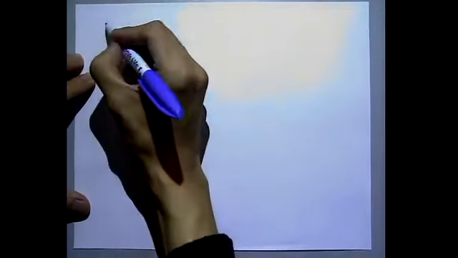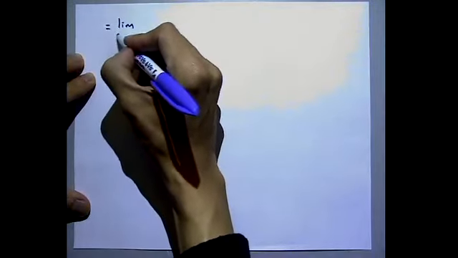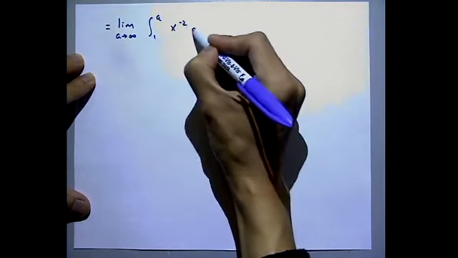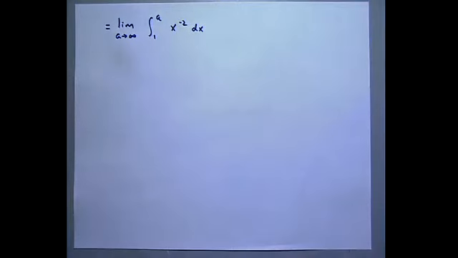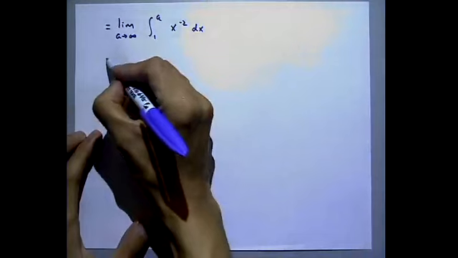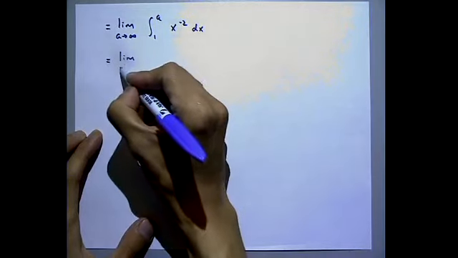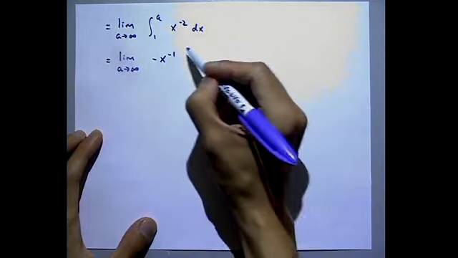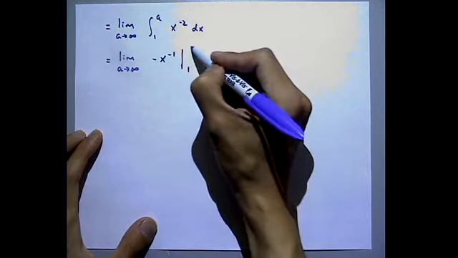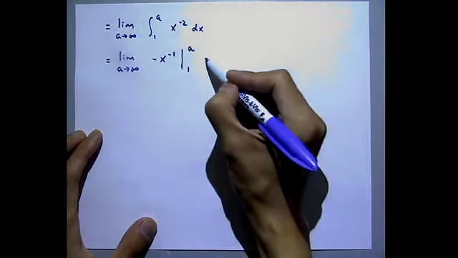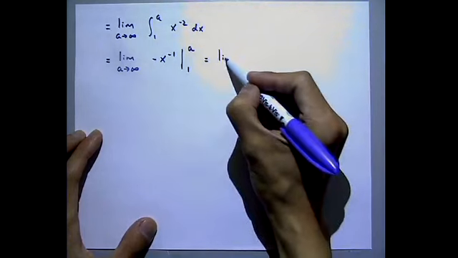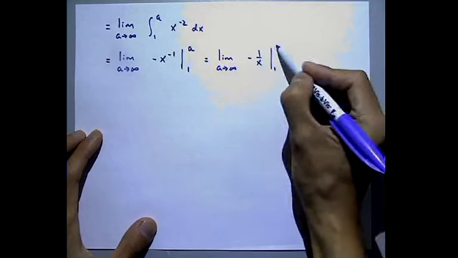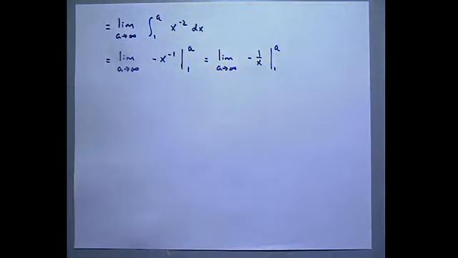Okay, let's see what we get. We're just integrating x to the minus 2, so that's pretty easy to do. And we get negative x to the minus 1 evaluated between 1 and A. Put it back into the fraction form, negative 1 over x.